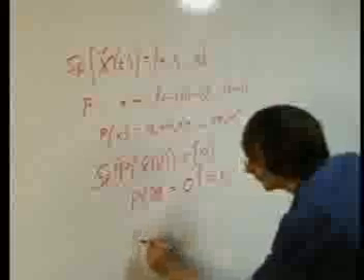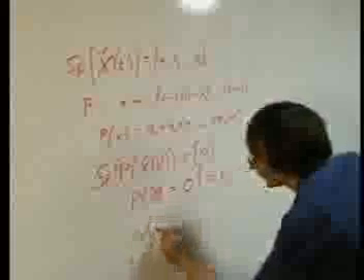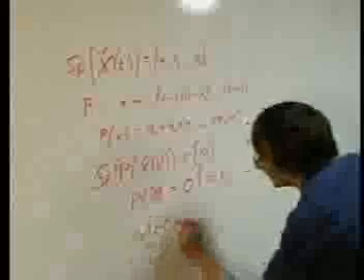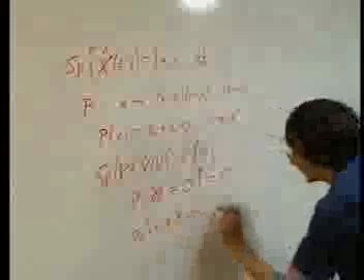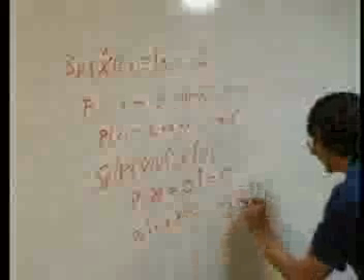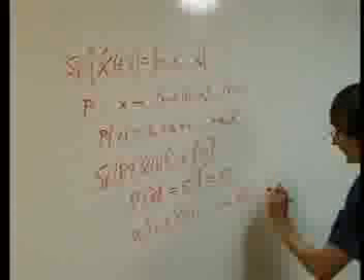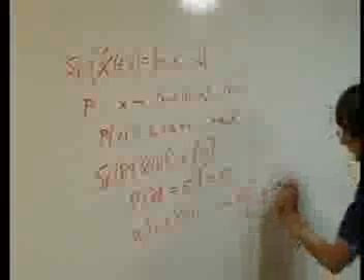Let me write it down explicitly. a0 times 1 plus a1 x of t plus and so on up to an x of t to the n equals 0.